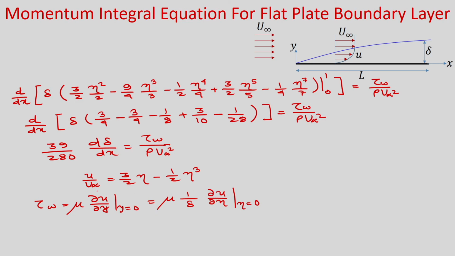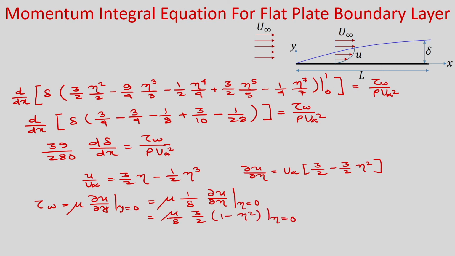If you differentiate, ∂u/∂η will be U∞ times [3/2 minus 3/2 η²]. So we can write μ by delta times 3/2 (1 − η²) at η equal to 0, with U∞ there. From here it will be 3/2 μU∞ by delta.